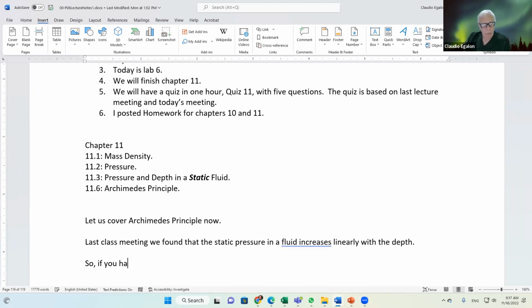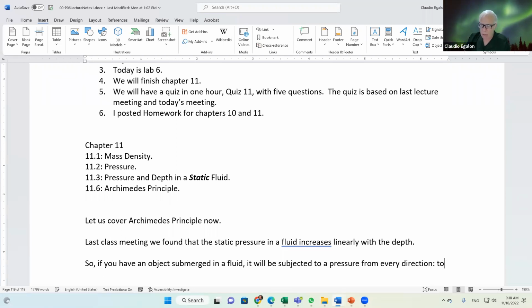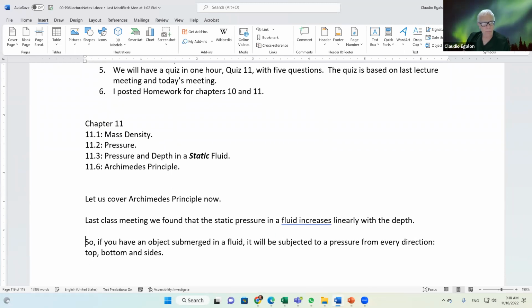So if you have an object submerged in a fluid, it will be subjected to a pressure from every direction: top, bottom, and sides.